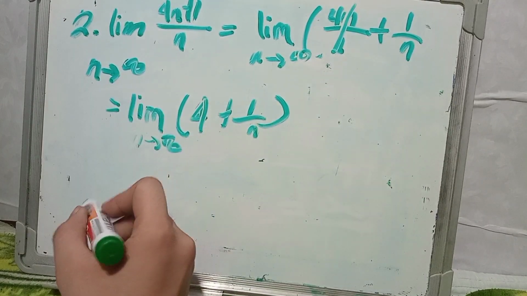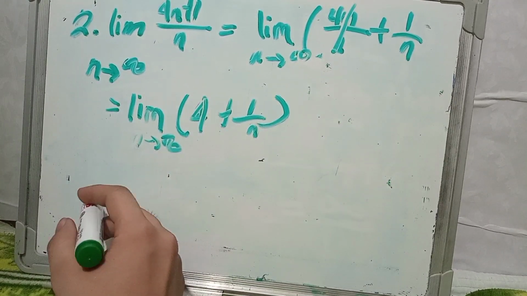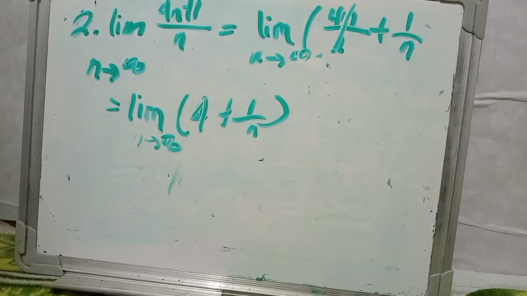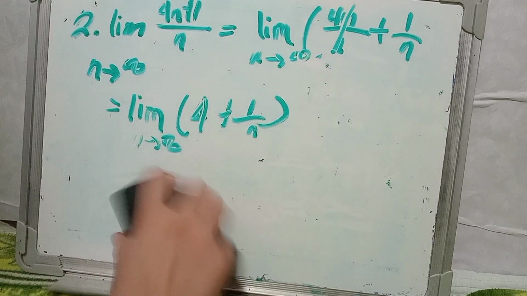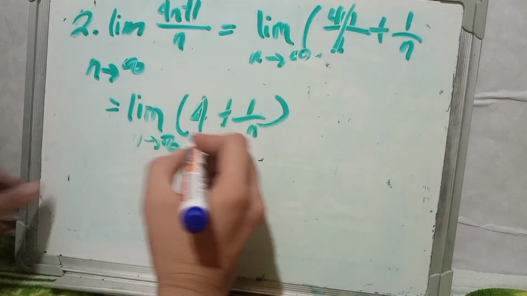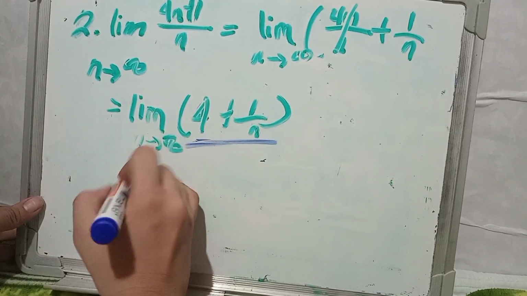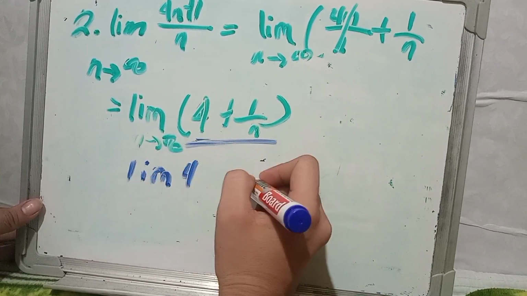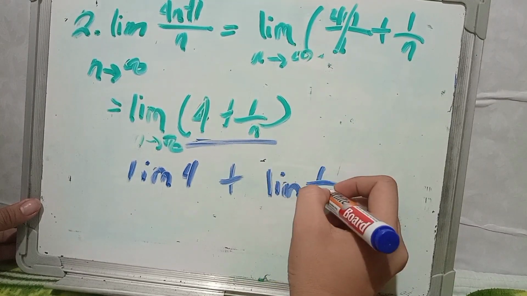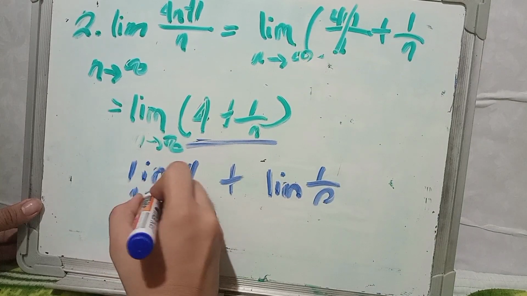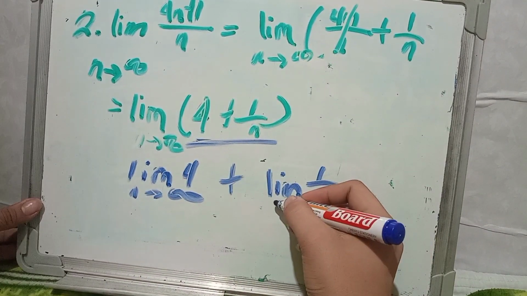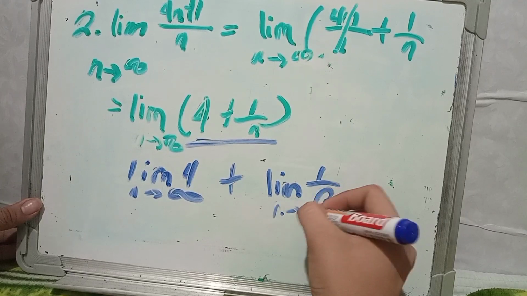So we're going to substitute, and the value is equal to 4. We're going to separate this. We have ln 4 plus ln 1 over n, where n is equal to infinity.